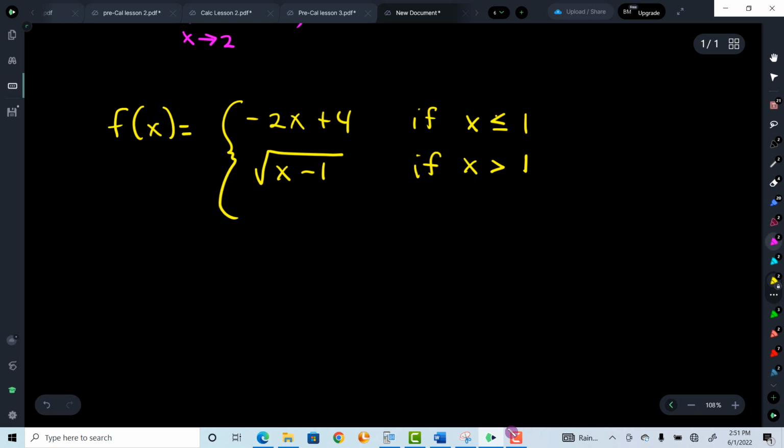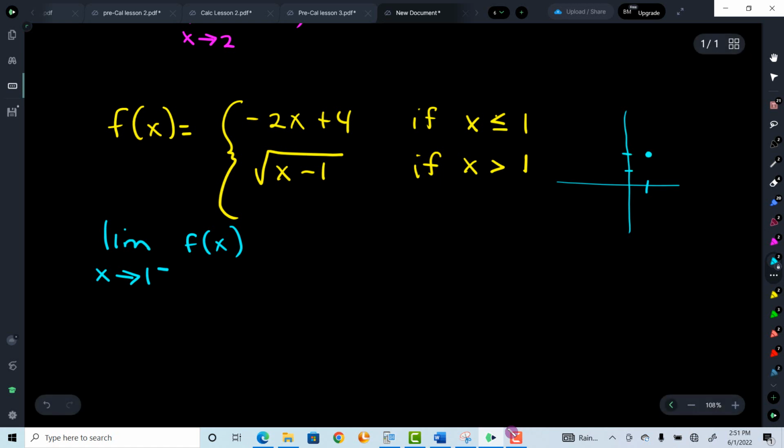I want to find the limit as x approaches 1 from the left. Basically, when x equals 1, we get negative 2 plus 4, and that's 2, right?